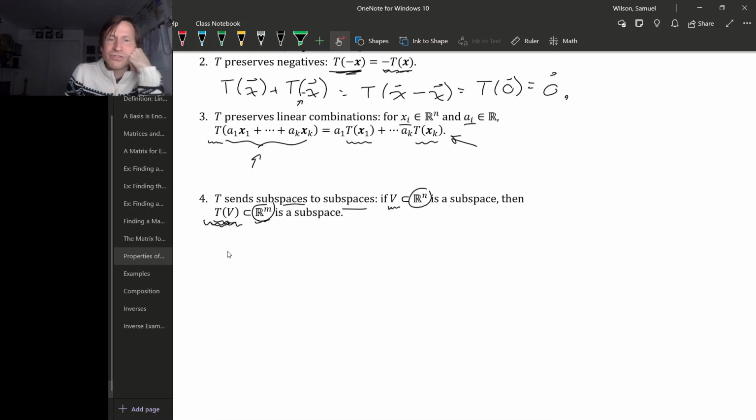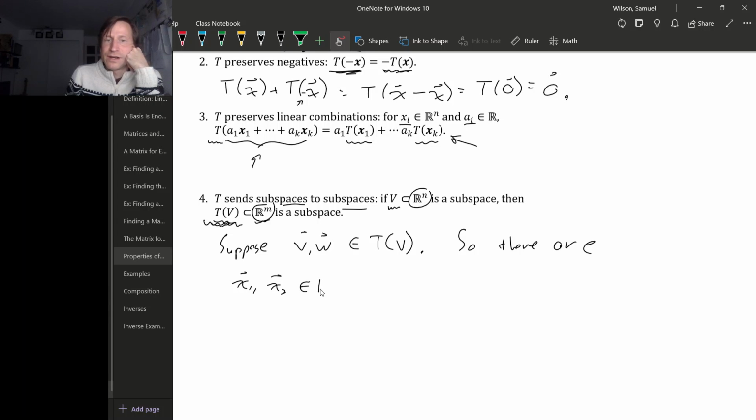So suppose we have two vectors, v and w, in T of V. That means there are two vectors, x1 and x2, in V itself, so that T of x1 is v, and T of x2 is w.